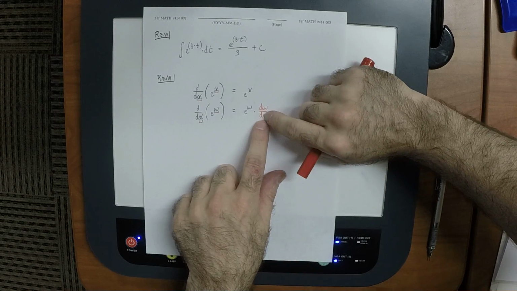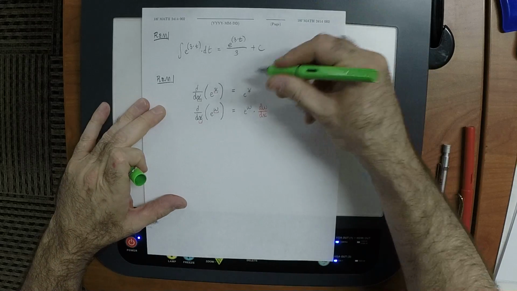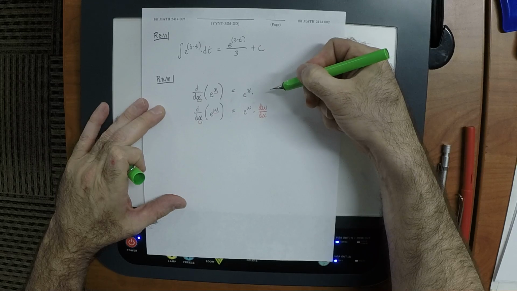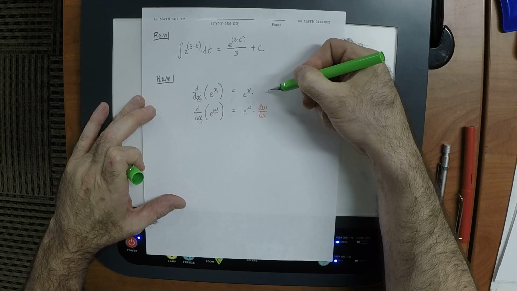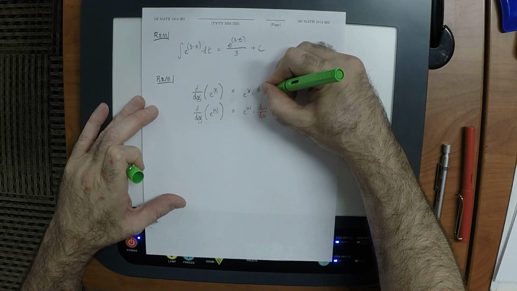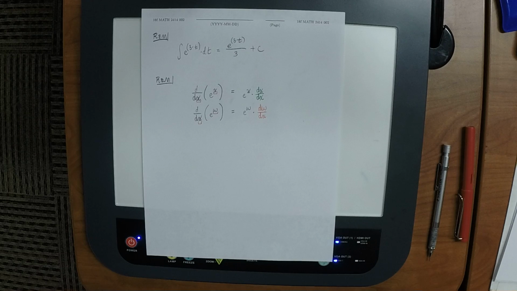So now I'm going to move this dw dx up here. So if I want to do that, then what do I need to write right here? Do I write dw dx? What do I write? I write dx dx, right? But wait, what's dx dx? It's 1. It's always been there.